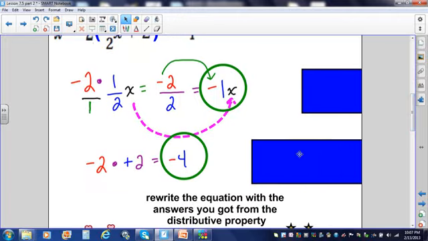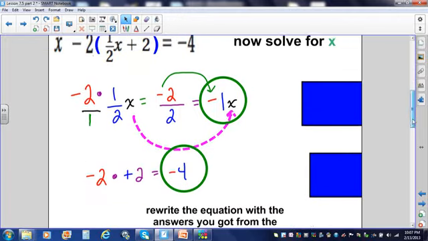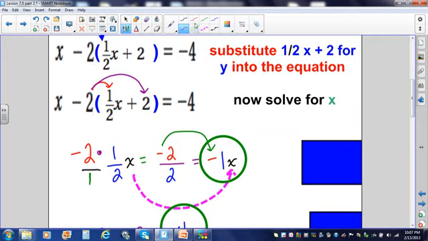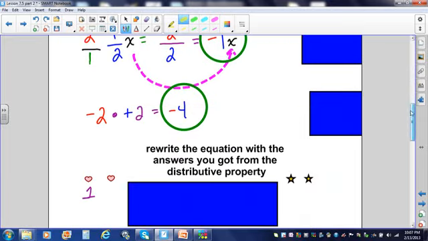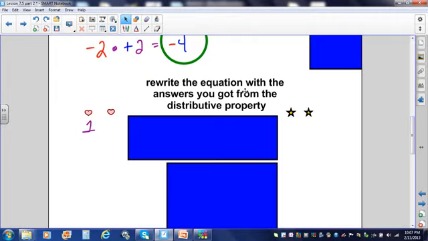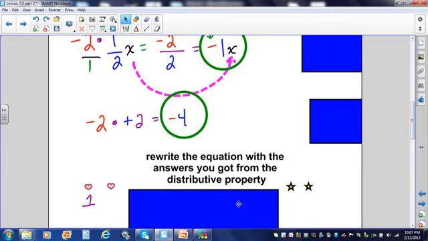Now I'm going to distribute the negative 2 with the positive 2. When I do that, it gives me negative 4. Now I'm going to rewrite the equation with the answers we got from the distributive property.